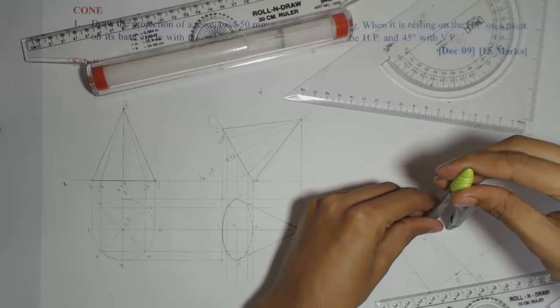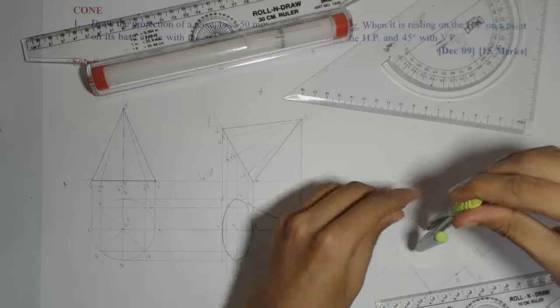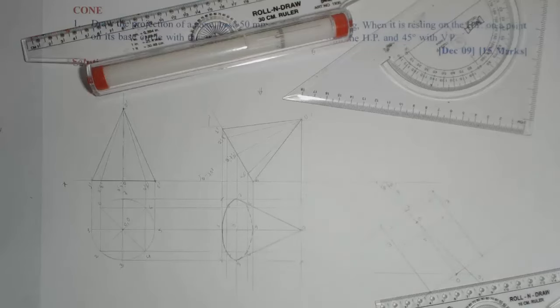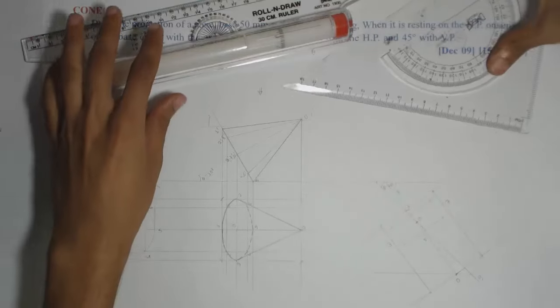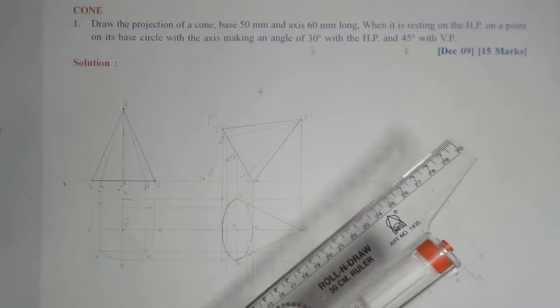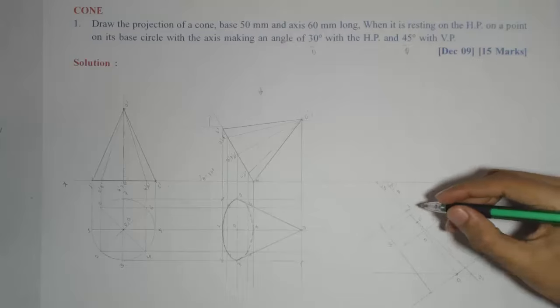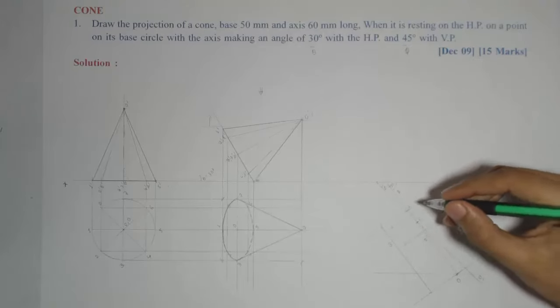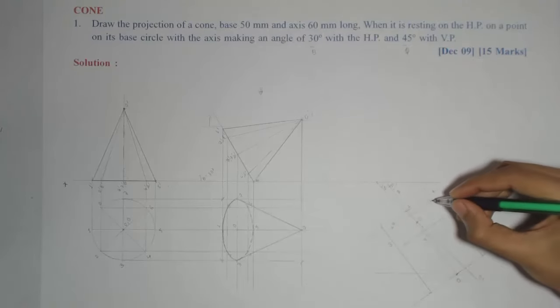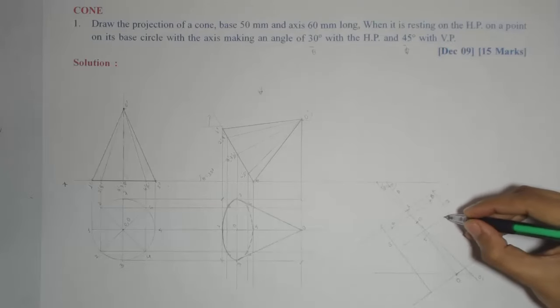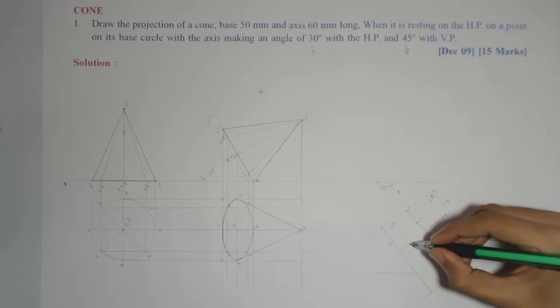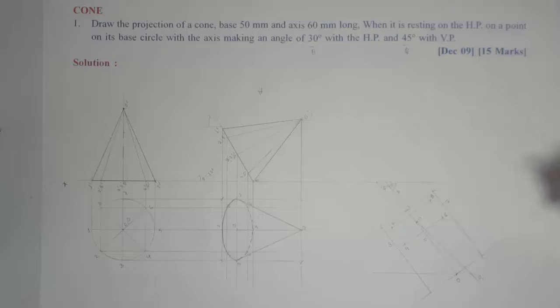Similarly, for this parallel line. Okay. Many of you find this step difficult for redrawing the view in third stage. So you follow this rectangle method, that will be easier. So this will be 2, this will be 8, then this point will be 6, and this point will be 4. Okay.